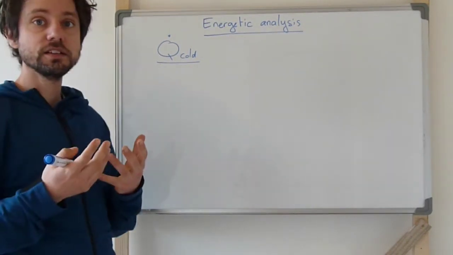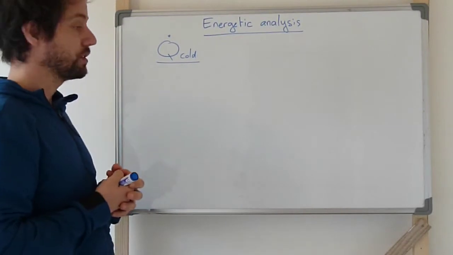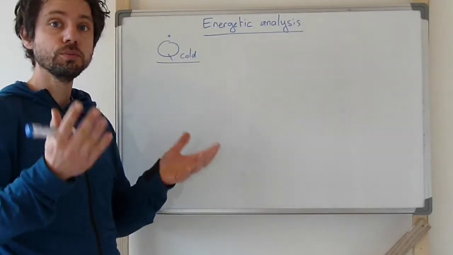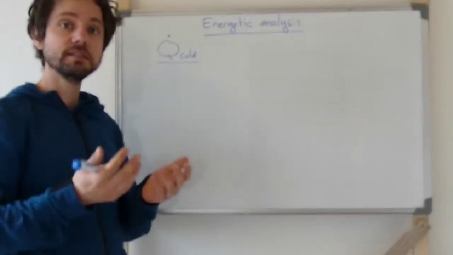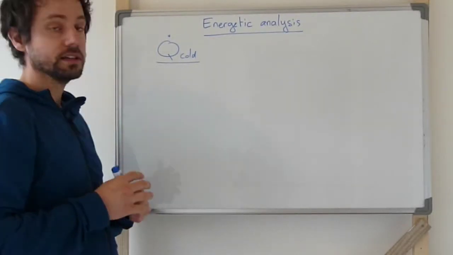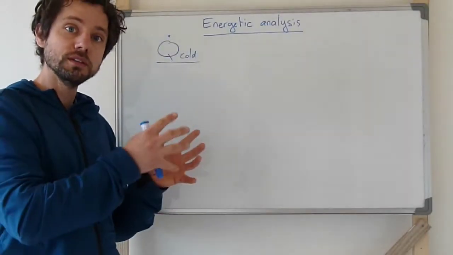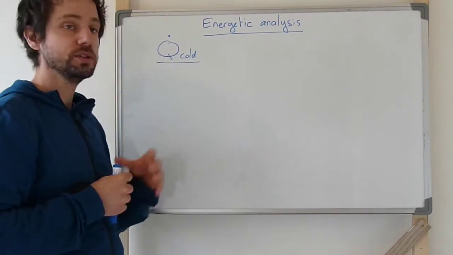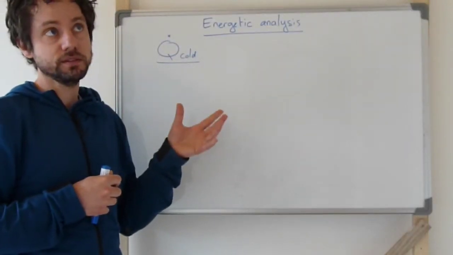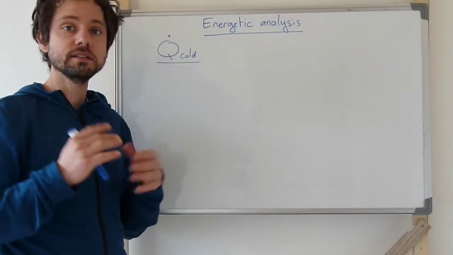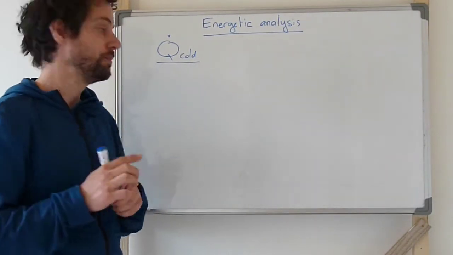In this heat exchanger, we can apply the first principle of thermodynamics. So it's an open system. We consider it as steady state, and we'll take as system the working fluid, so the refrigerant, between the inlet point D and the outlet of the evaporator point A.